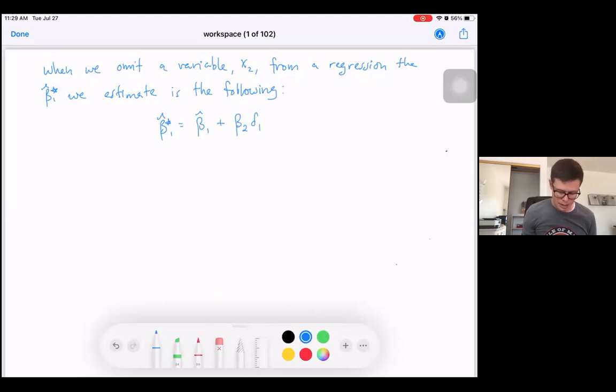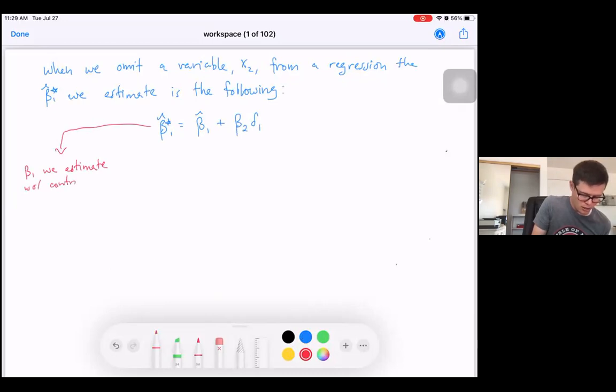So I'm going to define each of these terms. So this is the beta 1 we estimate without controlling for x2.